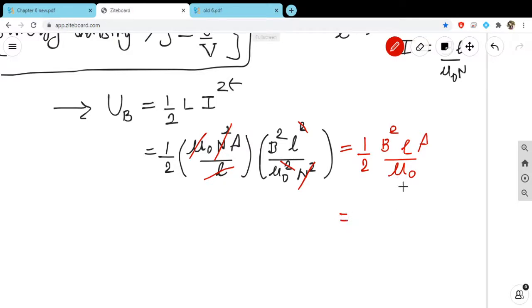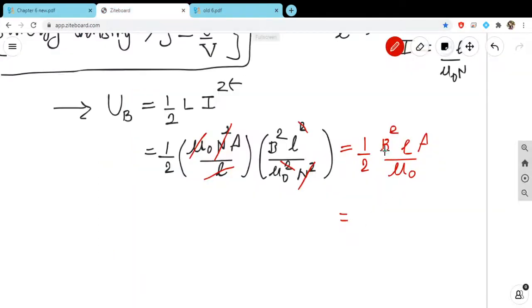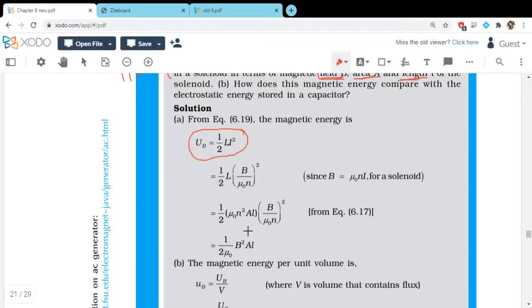So this is our answer, actually. We obtain the energy stored in the form of magnetic field B, area A, length L. So all we have got here, B, L, A, that's all. But our equation that ended here can be discussed slightly more.